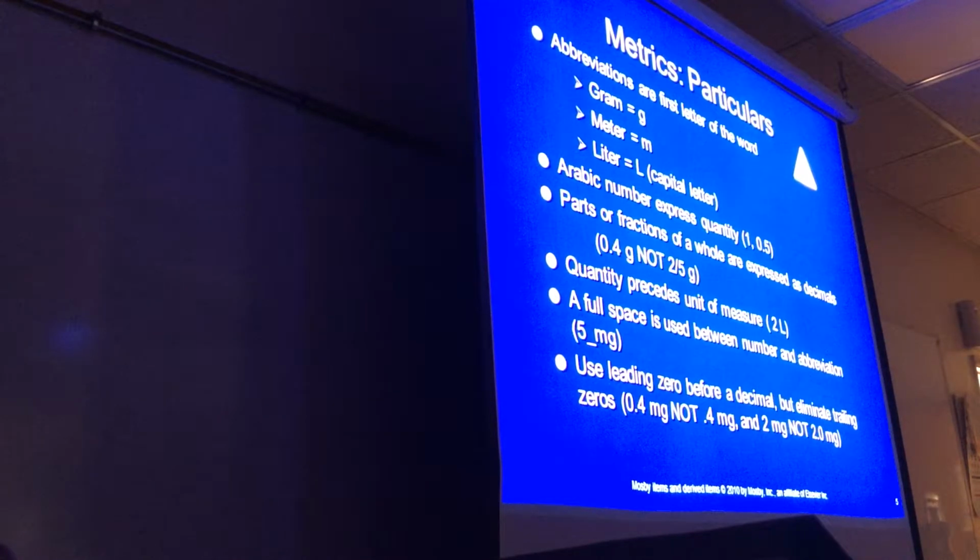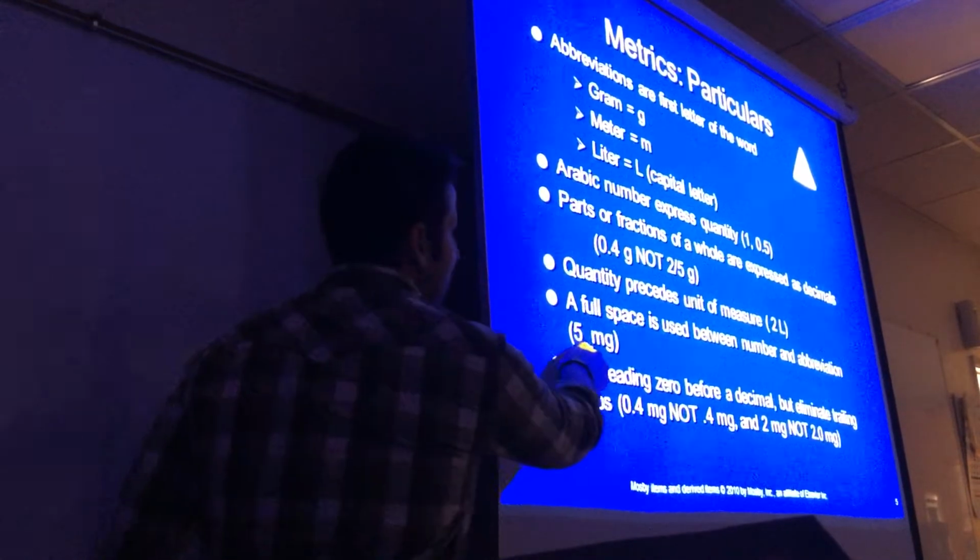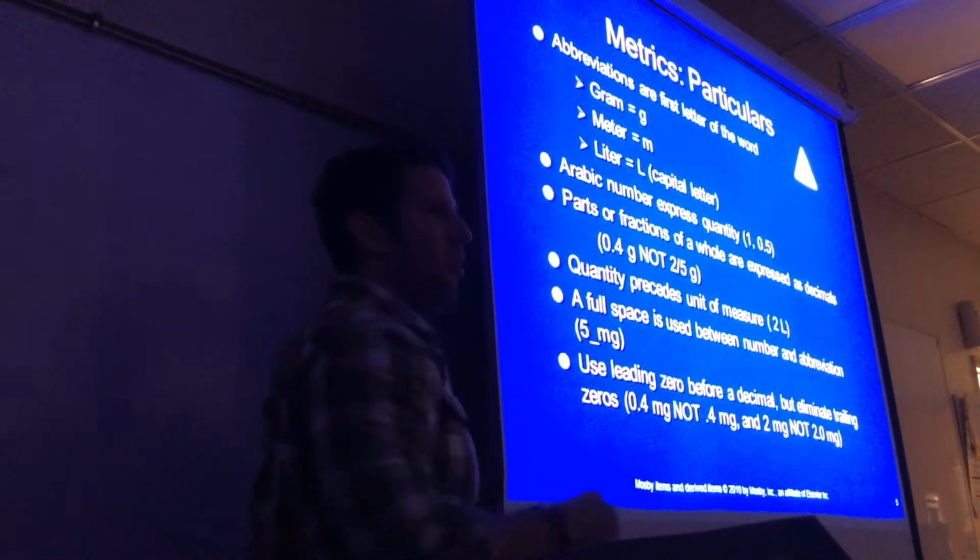Just remember that your quantity precedes the unit of measure, so you have 2 liters there. Make sure you have a full space between number and abbreviation. That's great. It's very important. That'll help reduce medication errors. But I'm not a huge stickler on that on your homework. So when you're doing your homework, if you don't have the space, 5 space milligrams, I won't mark you off.